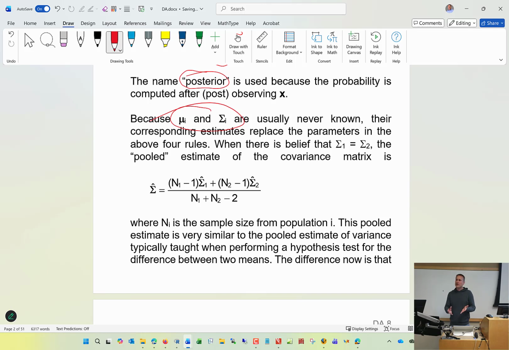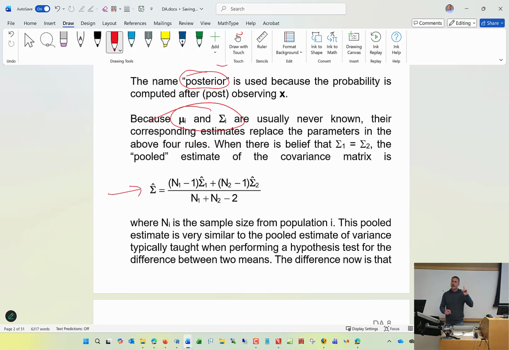Now, what happens, though, when we assume that sigma 1 is equal to sigma 2? Well, then we do something very similar to what you had in your very first stat course, when you did that hypothesis test of mu1 is equal to mu2, or mu1 minus mu2 is equal to 0. Remember coming up with something called a pooled estimate of the variance? We're going to do exactly the same thing here, but a multivariate version of it. This is what it looks like.